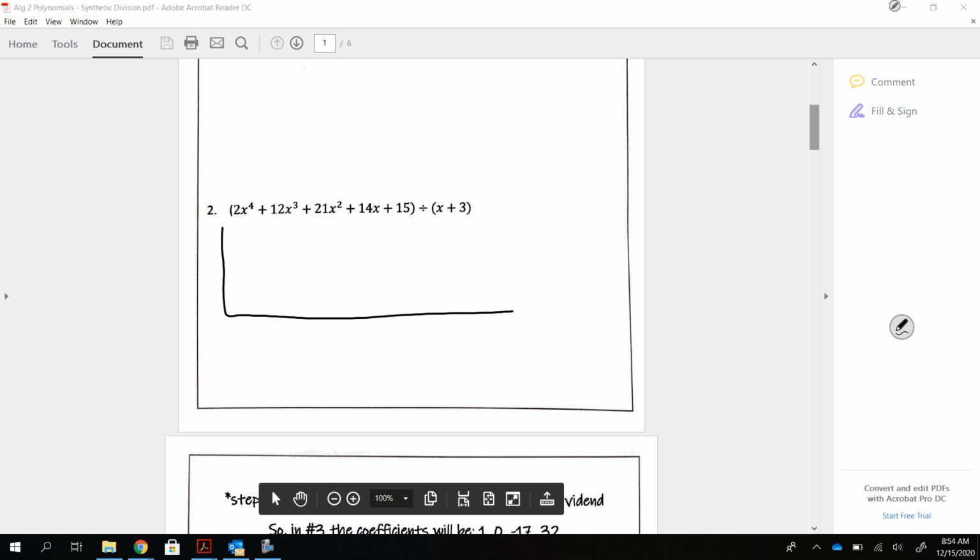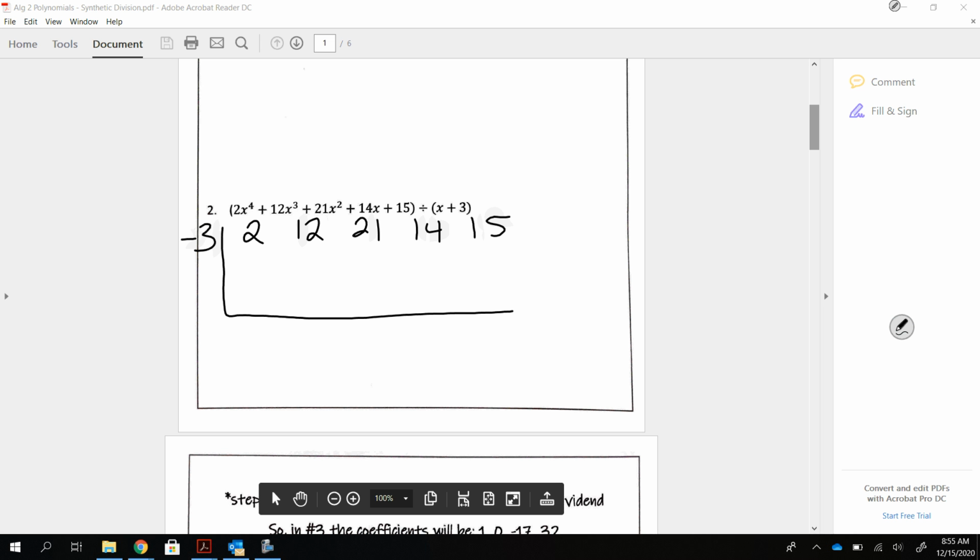All right, that's our first step. Our second step, again, is to use the opposite number outside of the L. So this is a plus 3, so when we bring it out here, it's going to be minus 3. Then we write the coefficients inside the L. It starts with 2, then 12, then 21, then 14, and then 15.